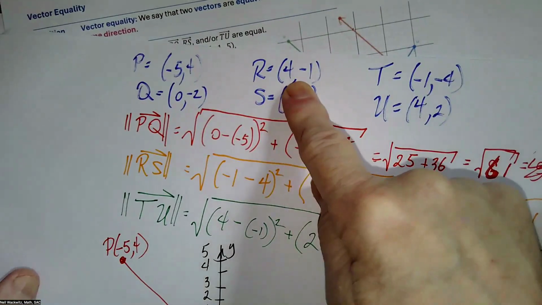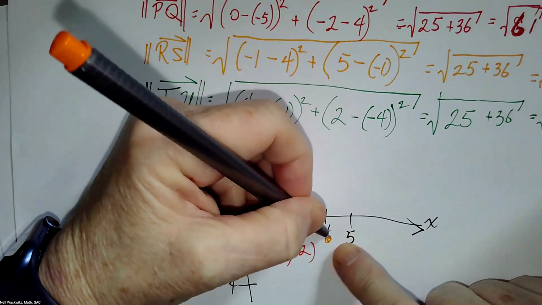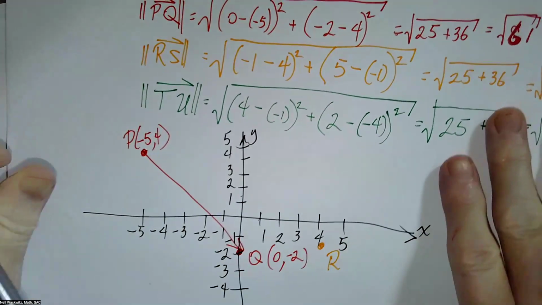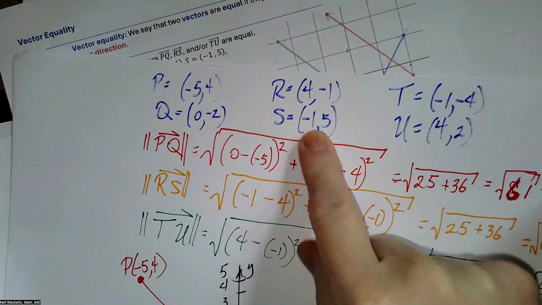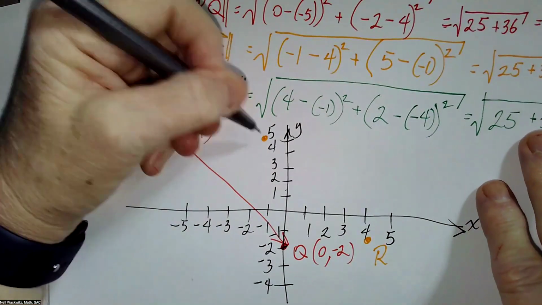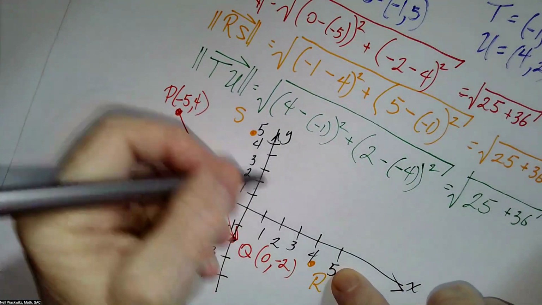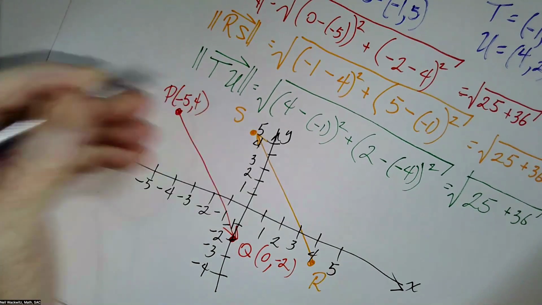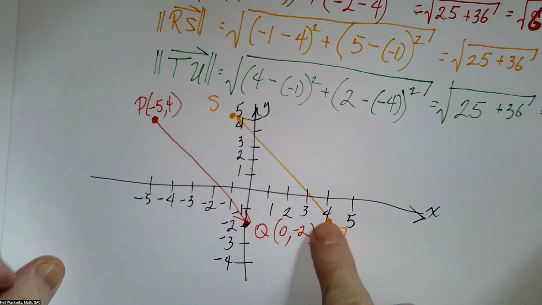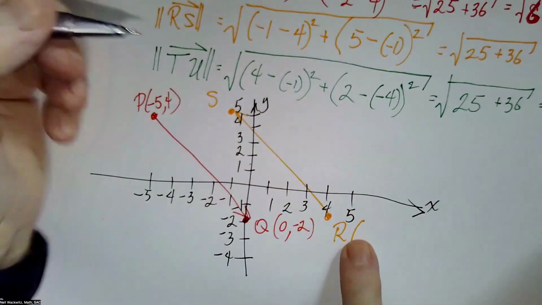R is 4, -1. S is -1, 5. So that means that RS is from R to S. Oh, let's go ahead and write these in.